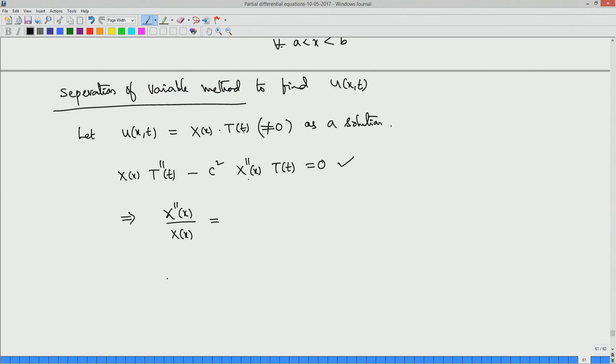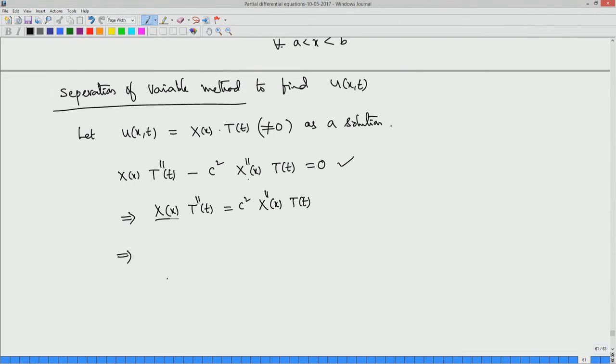So, X of x T double dash of t equals c square X double dash of x T of t.